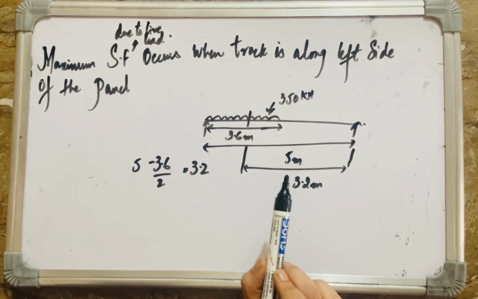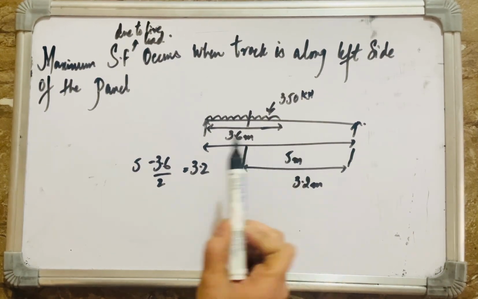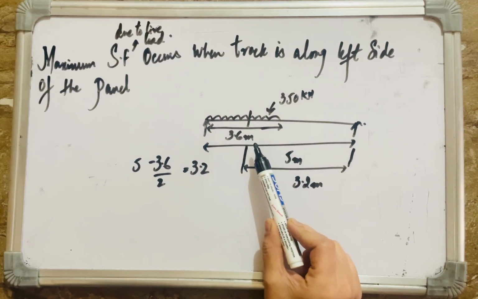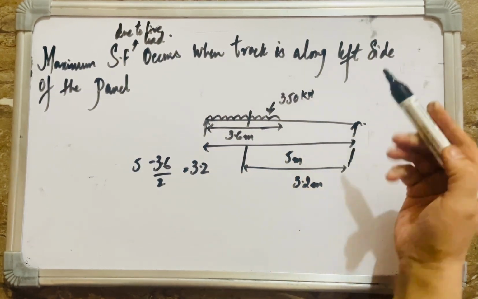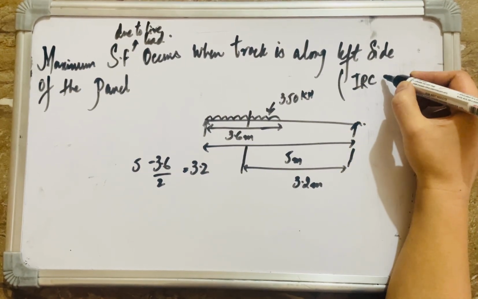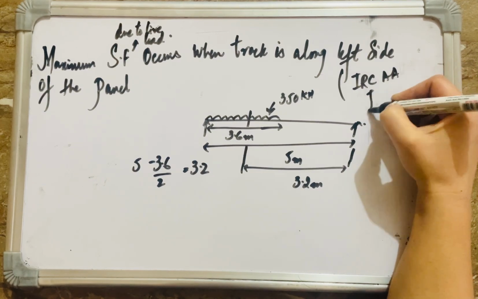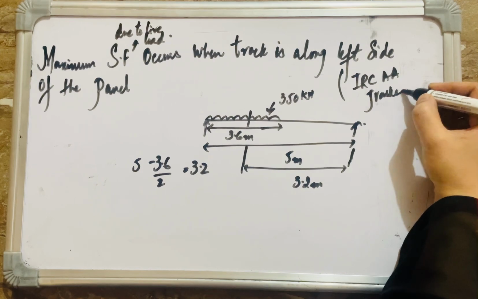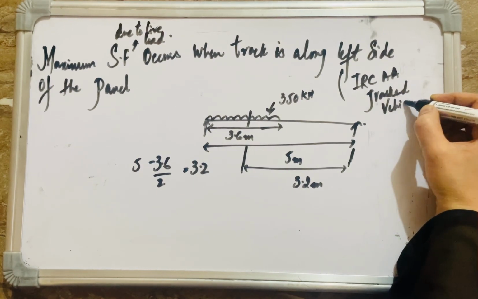Maximum shear force due to live load occurs when the track is along the left side of the panel. This is the tire contact area, 3.6 meters. This is 350 kilonewton because for live load we are considering the IRC Class AA tracked vehicle.